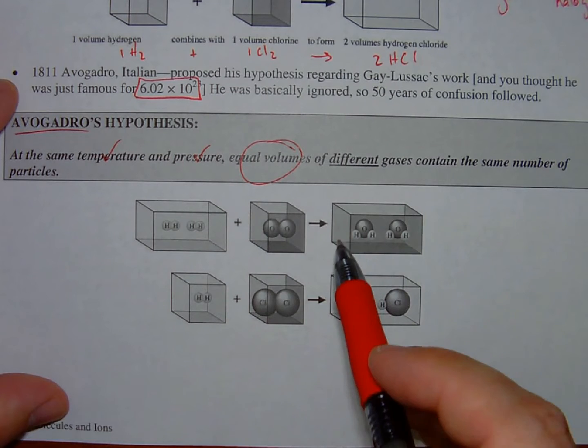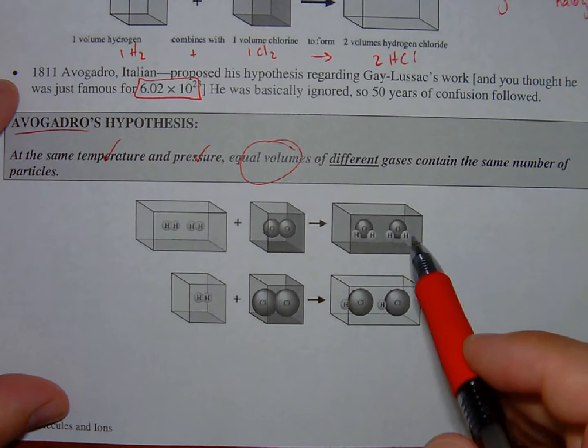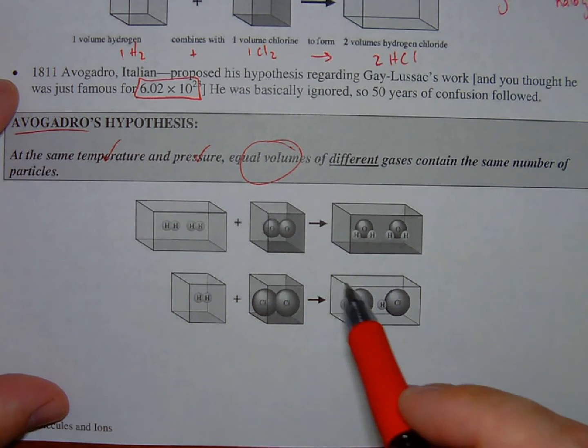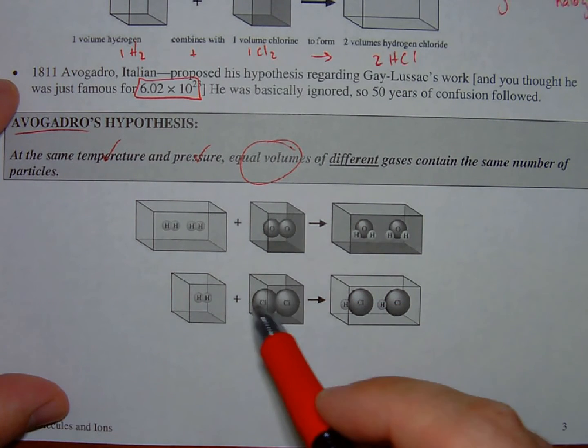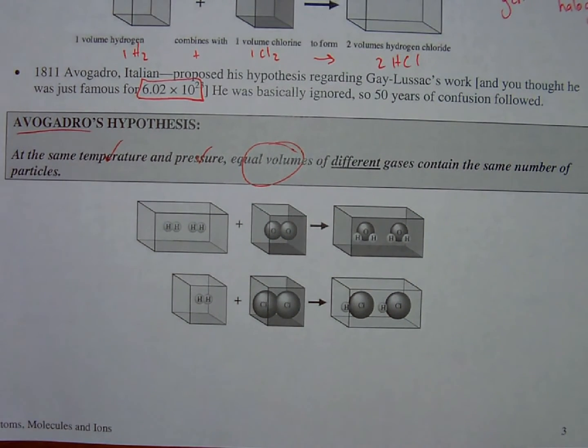And you see this larger box. There are 3 examples of larger boxes here. They're all the same size box. They all have 2 molecules in them. There are 3 examples of the smaller box, which is more of a cube. Only has 1 molecule in each of them. All right, so that's Avogadro's hypothesis.